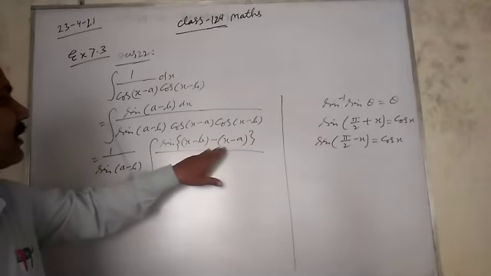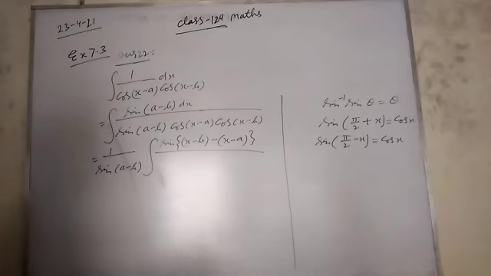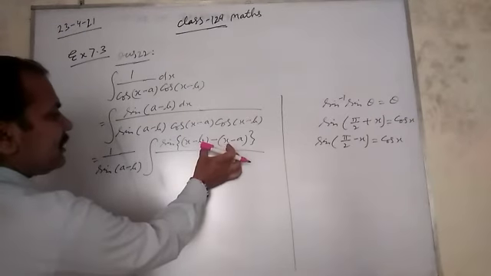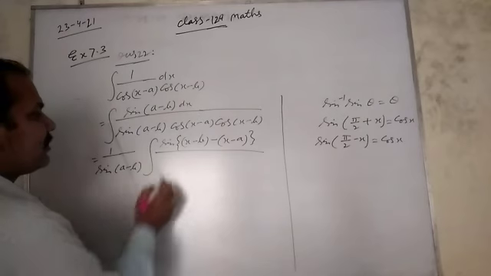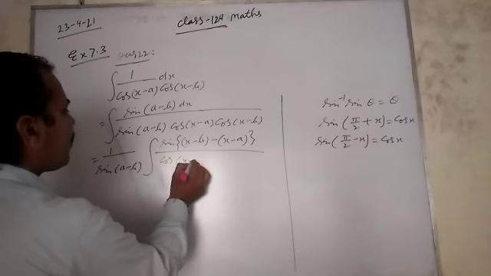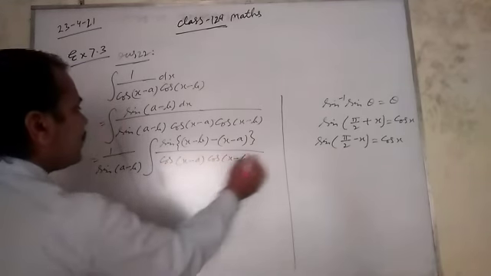Why are we writing this? Because in the denominator cos(x minus a) cos(x minus b) is given. And when we simplify it, it will be equal to a minus b, upon cos(x minus a) cos(x minus b) dx.